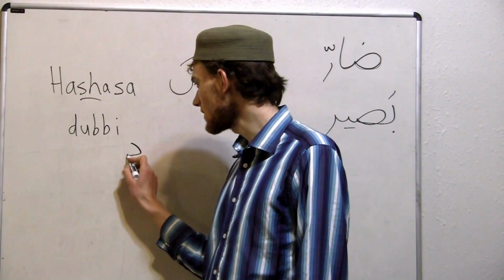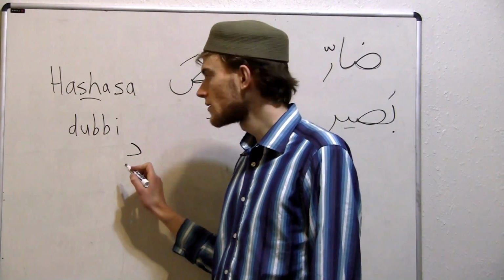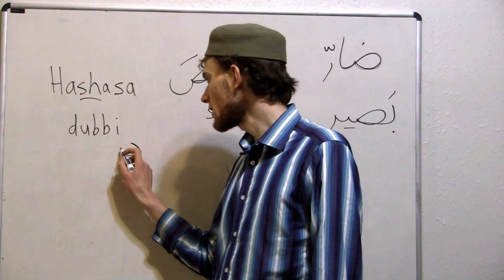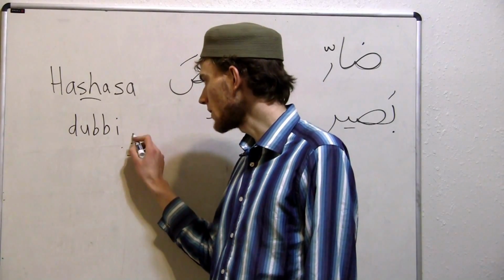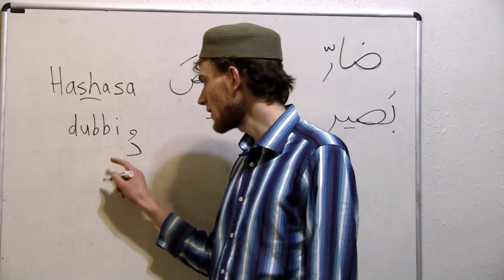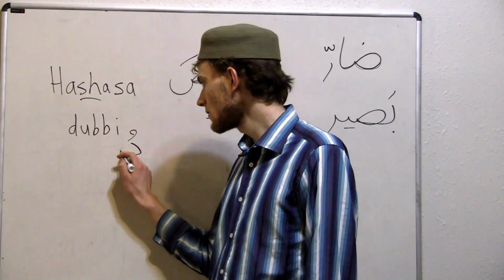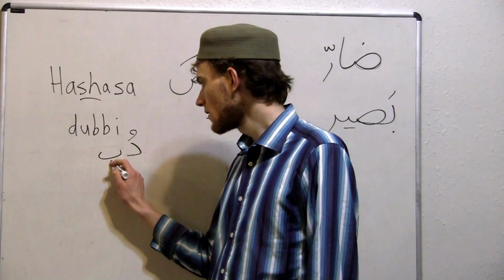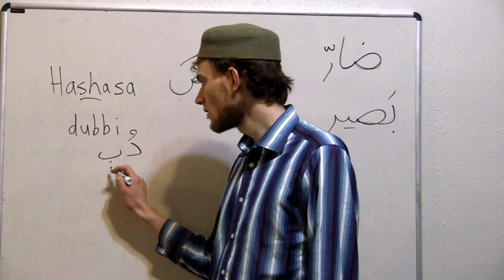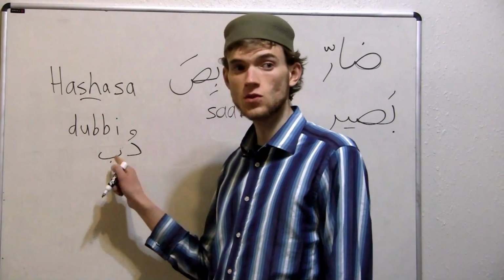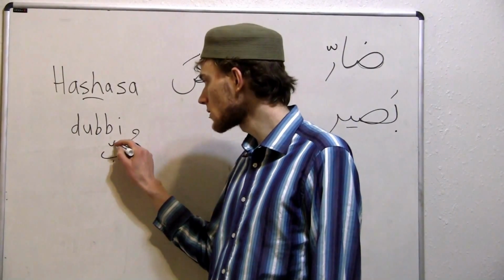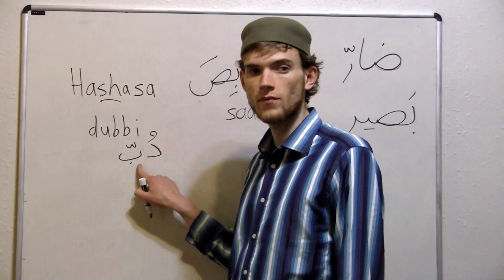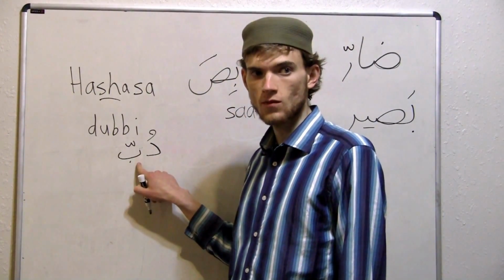Okay, first we have a dal, and then what? A dhamma, right? And then what? Ba. Right. It's not going to be two bas together, but the ba is doubled. We have a shadda on the ba, right?